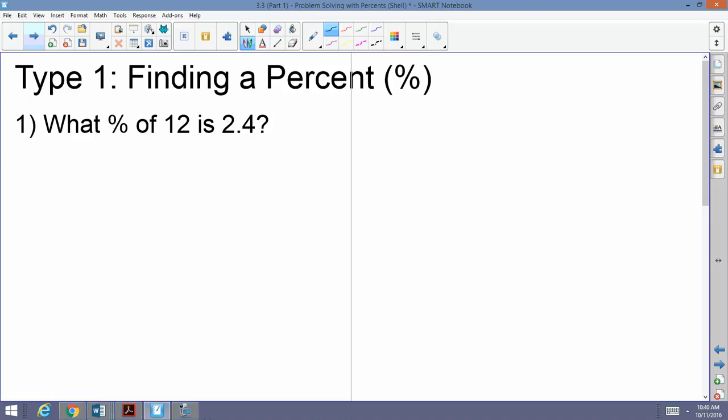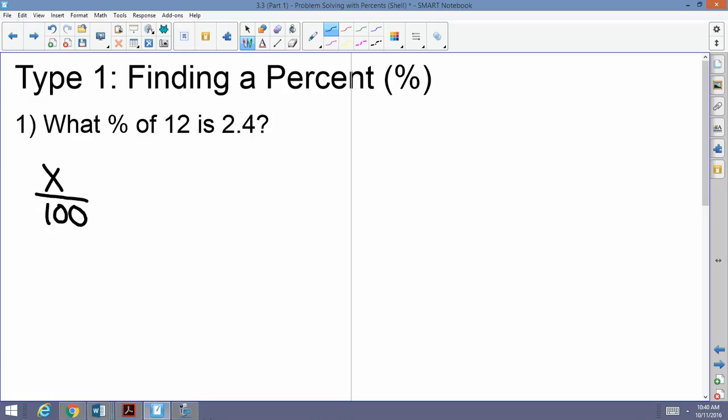I want to find the percent. So you'll have a question as such. What percent of 12 is 2.4? If you know your proportion method, you've probably been working with that since you were in middle school. The percent is what you don't know, so that's X or N, whatever you want to use, over 100.